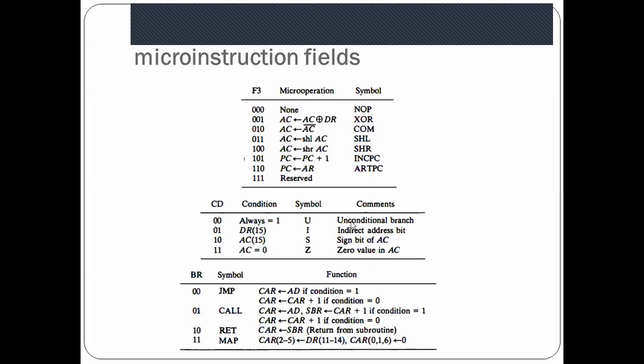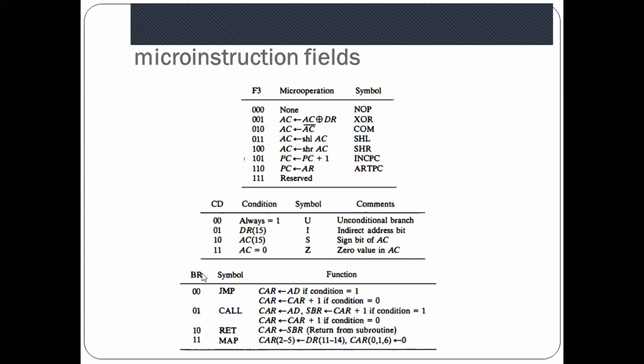U is meant for unconditional branch, where there are no status bits. 0, 1 means indirect address bit. 1, 0 is the sign bit. 1, 1 is the zero flag, meaning the accumulator contents are 0.